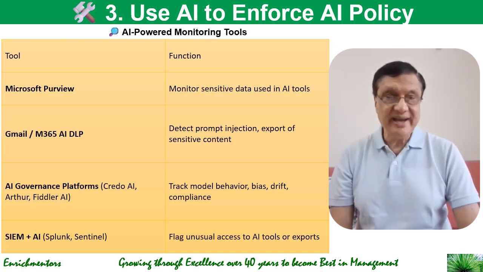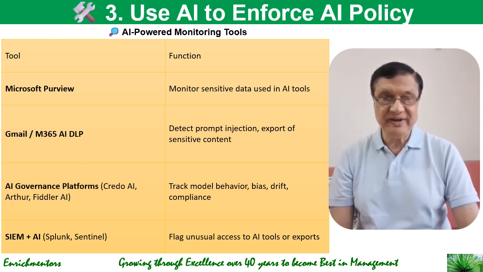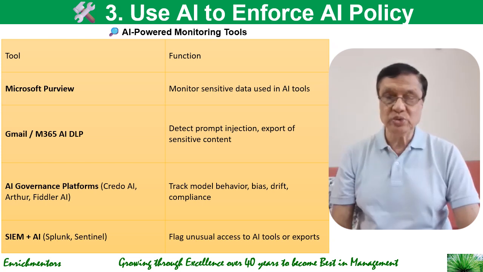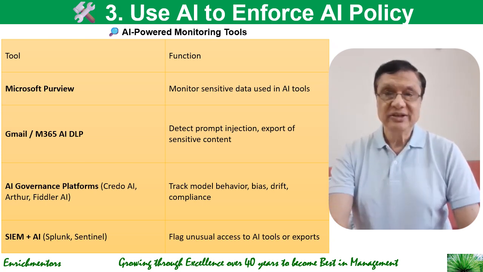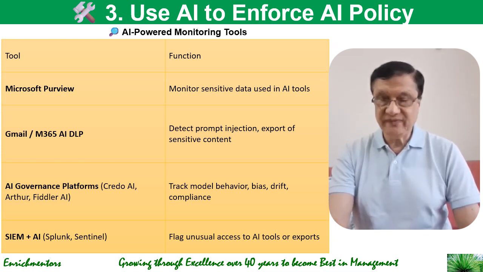And you could use AI governance platforms like Credo AI, Arthur, Fiddler AI to track model behavior, bias, drift, and compliance. And you can use Sign plus AI, Splunk, and Sentinel to flag unusual access to AI tools or export. So like this, you can use AI to enforce your AI policy.